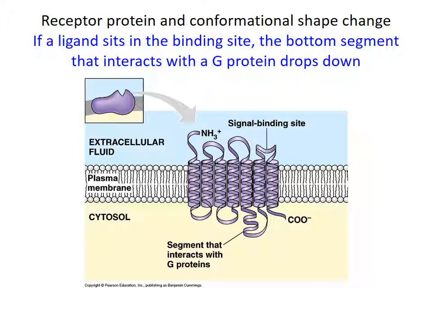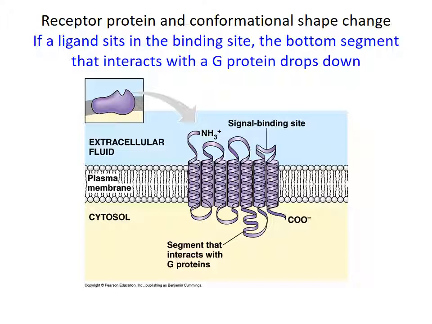And what's the shape change? There's this little loop on the inside of the cell that interacts with something we call a G protein. And when it does that, it's going to set off a series of reactions inside the cell. So the ligand binds here, and then it's going to cause this little loop down here to change shape. And that is what we call transduction.